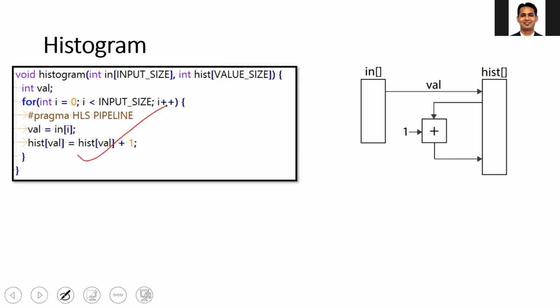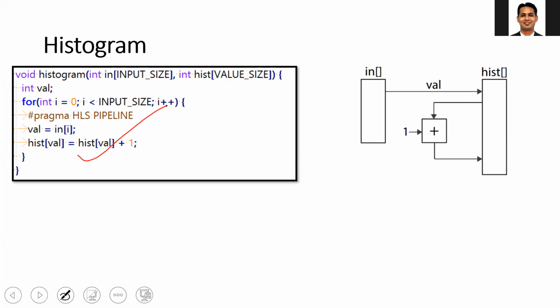So the problem here is that there is a dependency. In each iteration you are reading from a particular location in the memory, and then you are writing into the same location of the memory. So we are reading from the hist array and writing to the same array in every iteration of the loop.